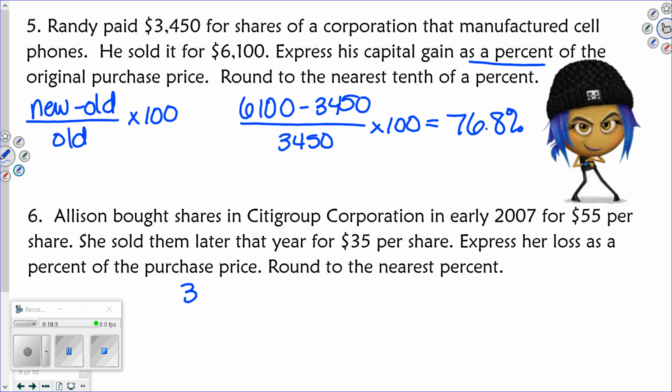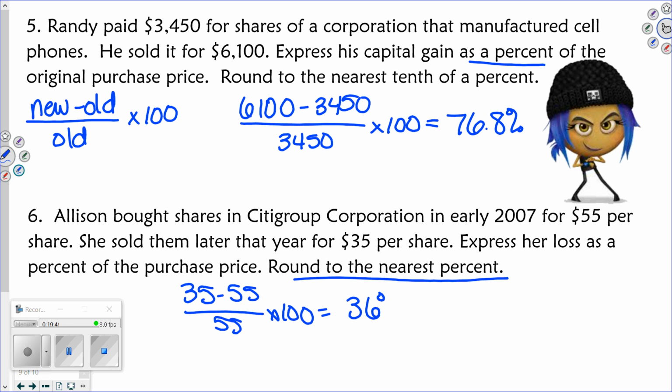The 35 minus the old 55, divided by 55, times 100. What percent is it? And notice again, this one said round to the nearest percent. So 36% loss, or you could write negative 36%, either way.